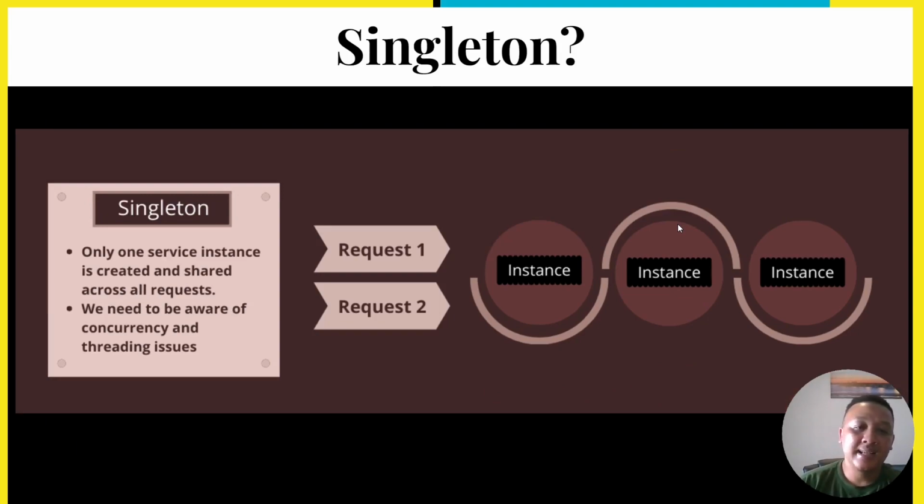And then lastly, we have a singleton. A singleton will just create one service throughout the entire application. And that one service will be used throughout every single request that happens. So whether it's request one, two, three, four, five, up until n number, it will maintain the same instance throughout. It will continuously reuse the same service.